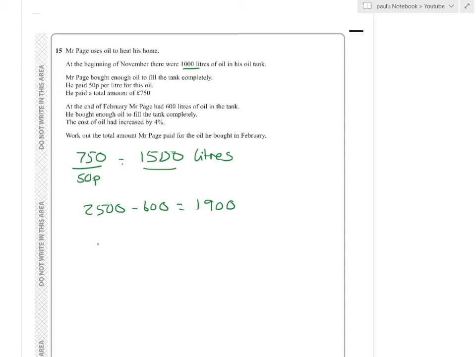So he bought 1,900 litres times 50p. So he paid £950, but there was a 4% increase, so 950 times 1.04 is 988.